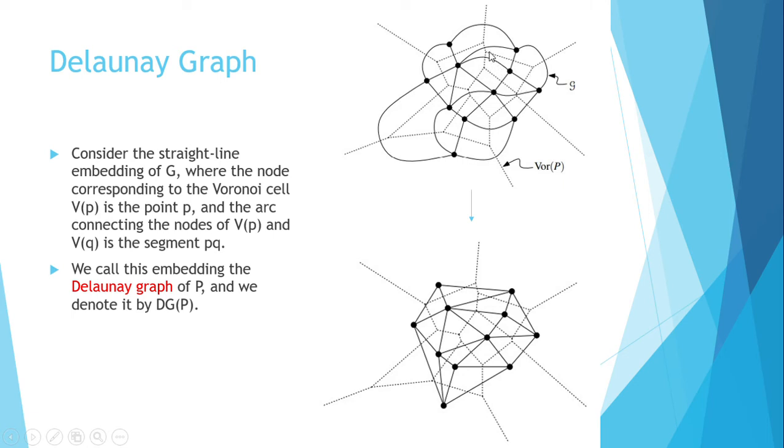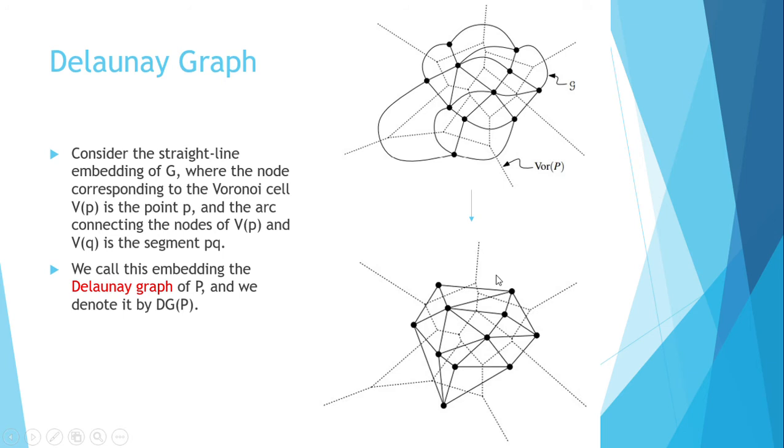This region shares edges with other regions, so the point in the region connects to the points of the regions it shares an edge with, like this point connects to this. So they all share a common edge between their regions. This is how a Delaunay graph is drawn. And instead of curves, if we use straight lines, it becomes a Delaunay graph.